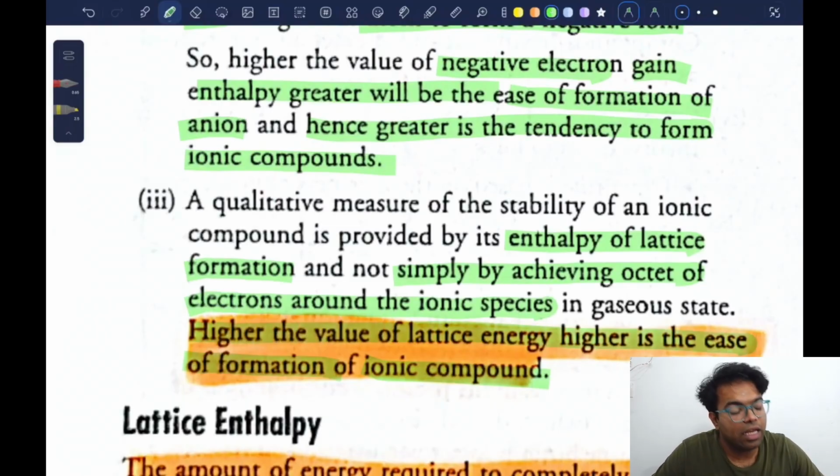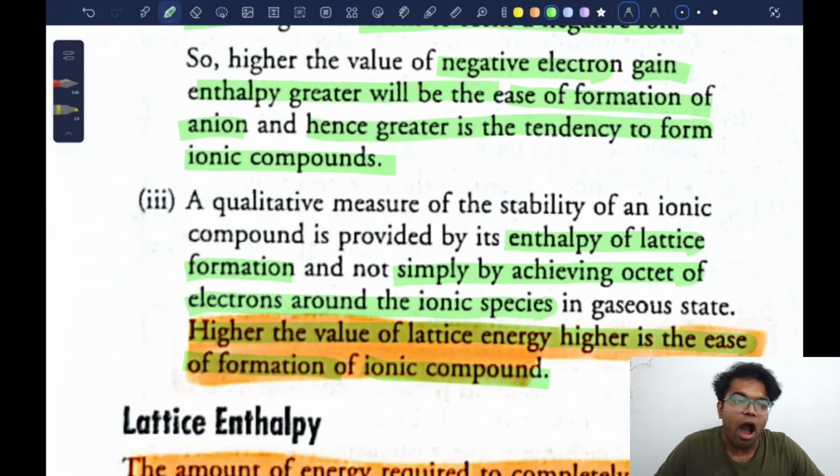So basically, we know that ionic compounds are usually present in a solid ionic crystal, right? Now, the arrangement of these ions in the ionic crystal is called its lattice.